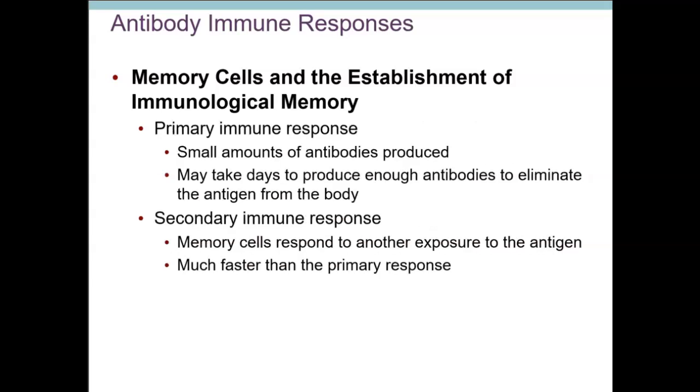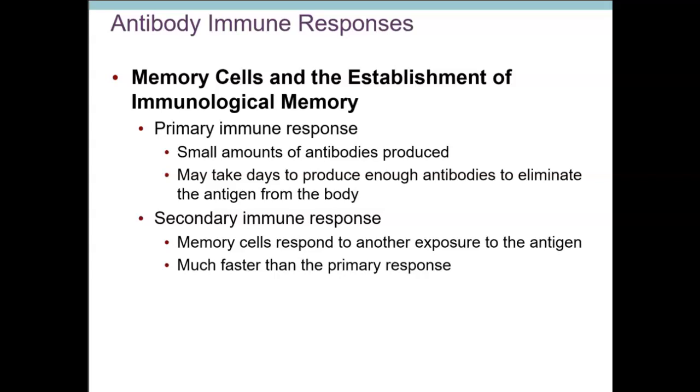The first time that you get an exposure to a pathogen is called the primary immune response. Generally a relatively small amount of antibodies is produced in this response, and it takes days before you get enough antibodies to be useful.